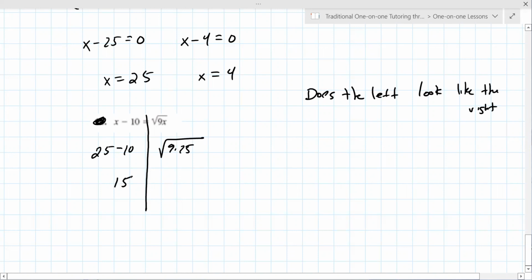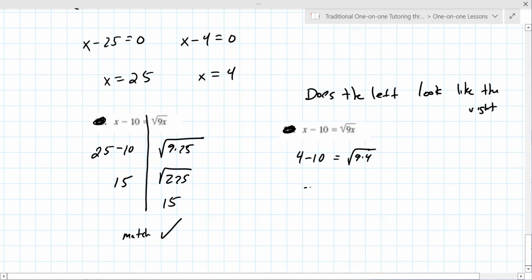On the left it's 15, but on the right it's the square root of 225, which is 15. These match. This one's good. But then what about for 4? 4 minus 10, does that equal the square root of 9 times 4? Minus 6, is that equal to the square root of 36? No.